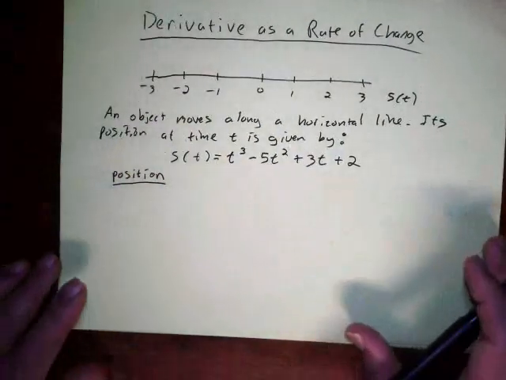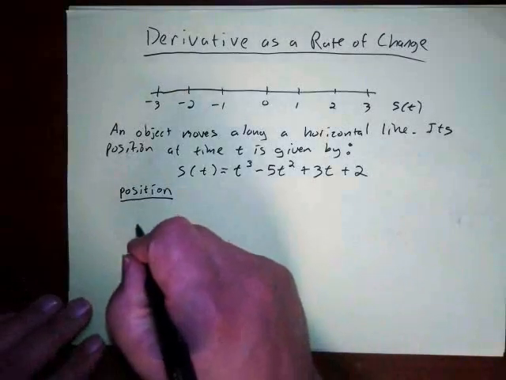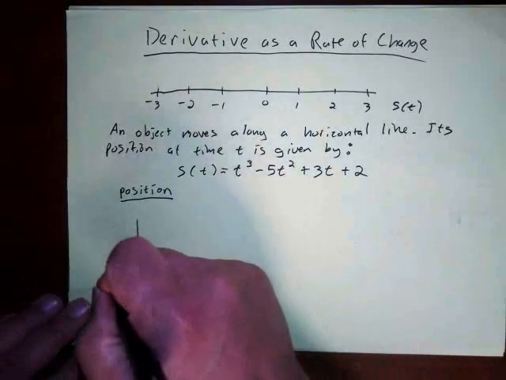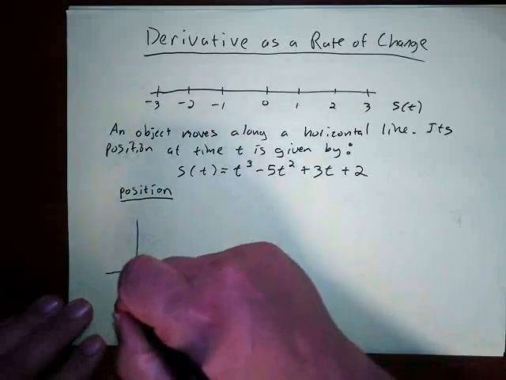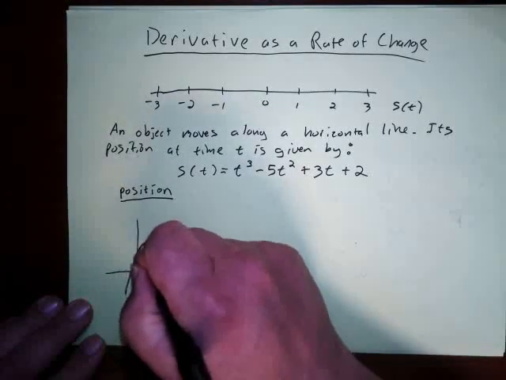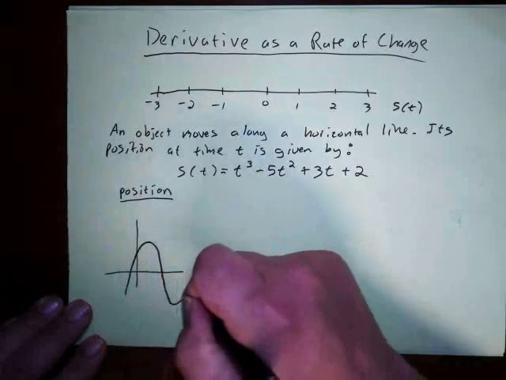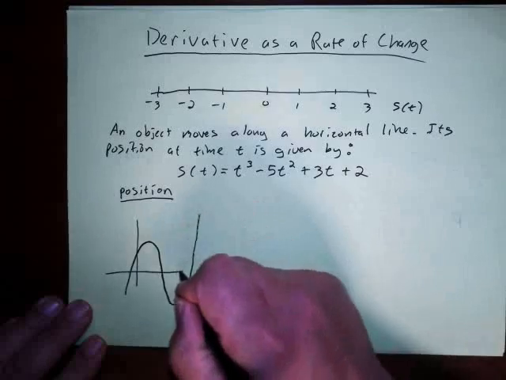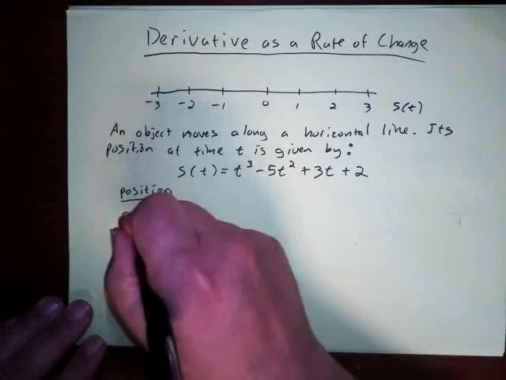And so the position is something like this. It kind of goes up and then it curves, it goes way down, and then it goes back up like this. Okay, so this is t, this is s of t.